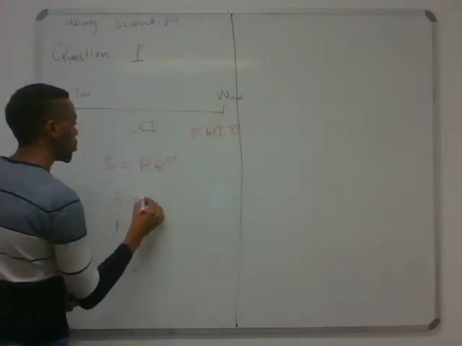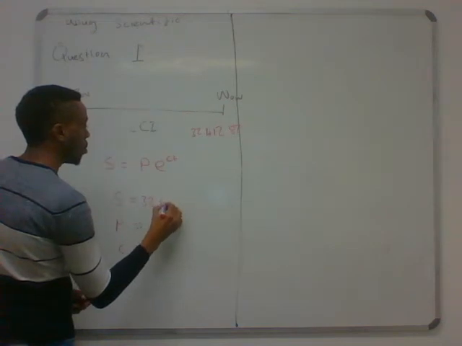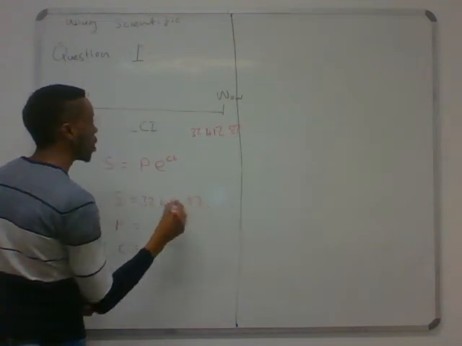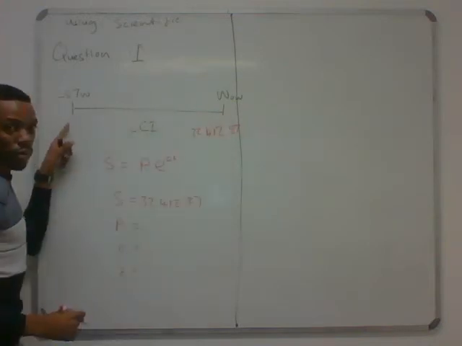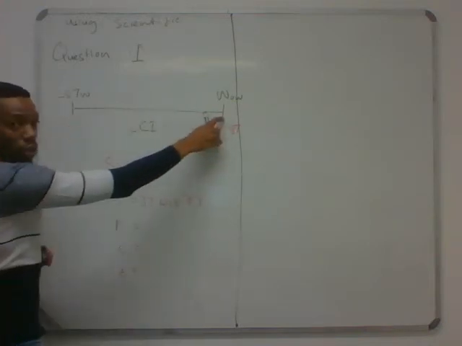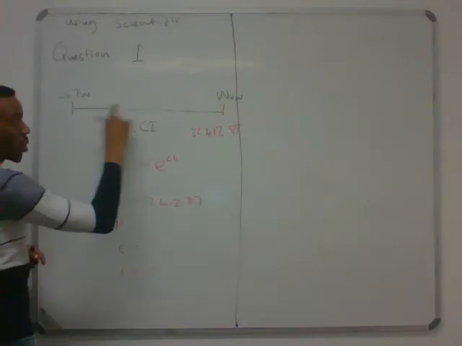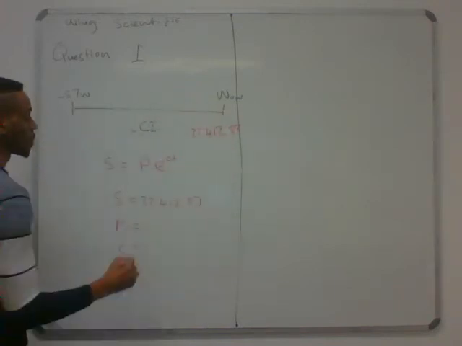So 32,412.87 is your future value, because with respect to this region, it's in front of the other one. That's why this one is the future value.